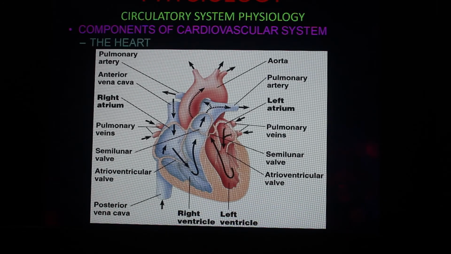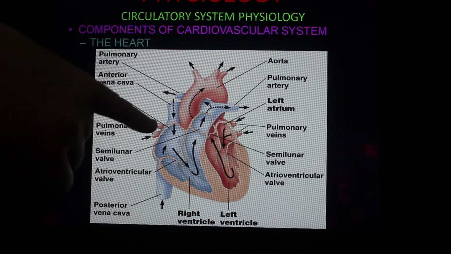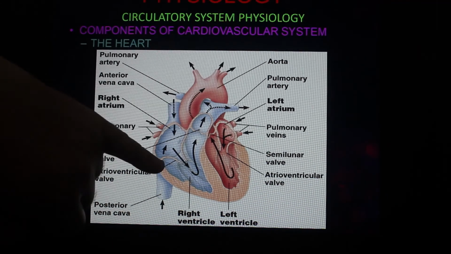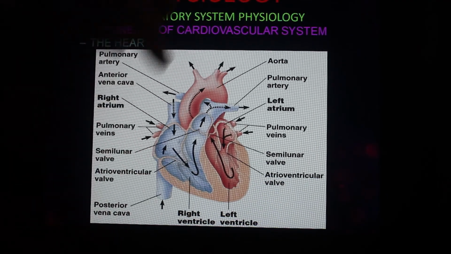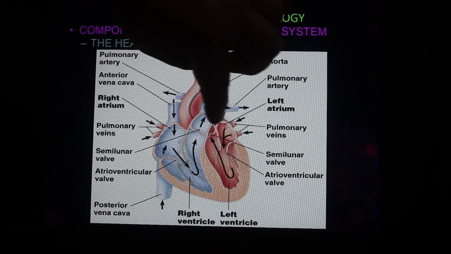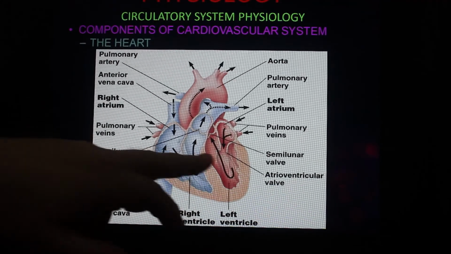And we have said that the heart is a four-chambered organ. The chambers are the right atrium, the right ventricle, the left atrium, and the left ventricle.